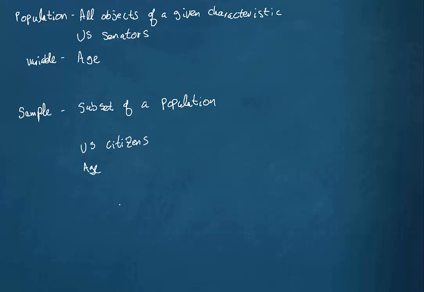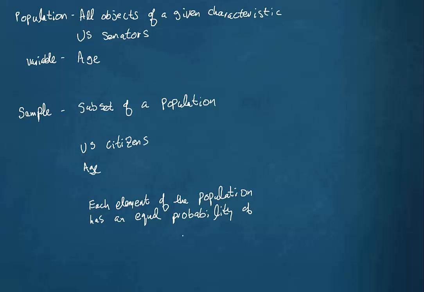When we acquire a sample, it is very important that each element of the population has an equal probability of being included in the sample.